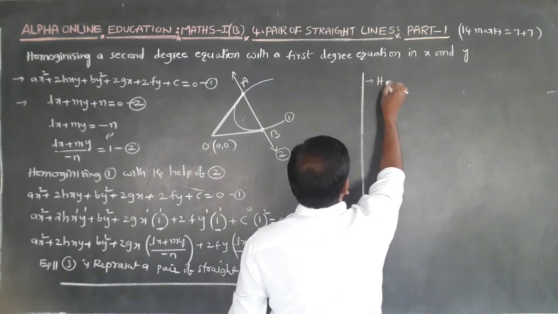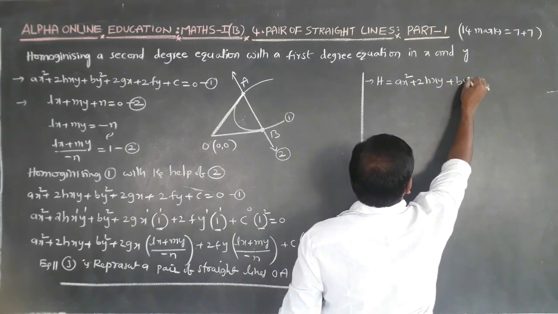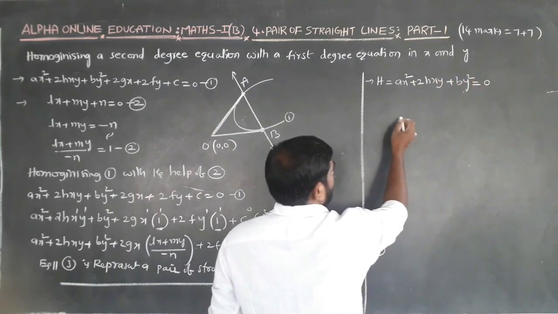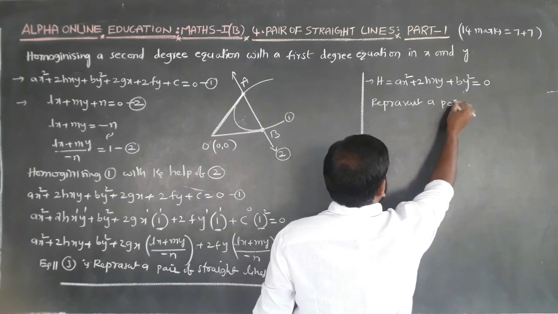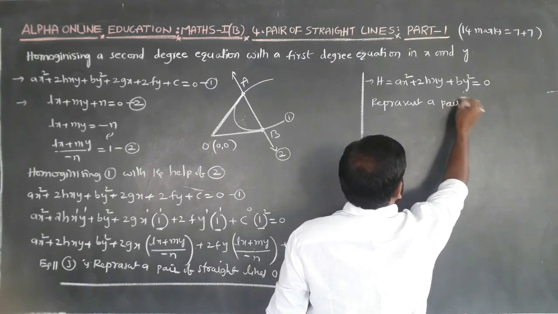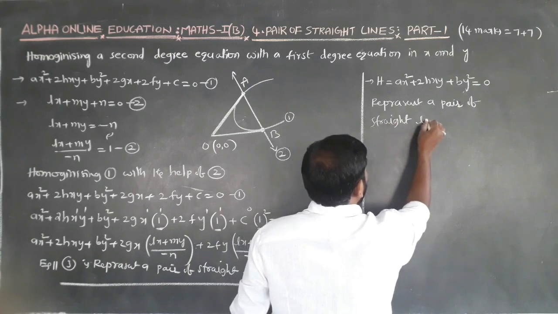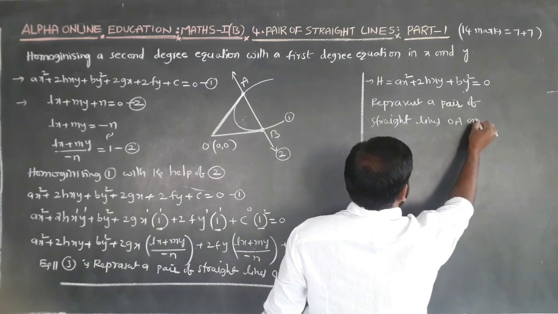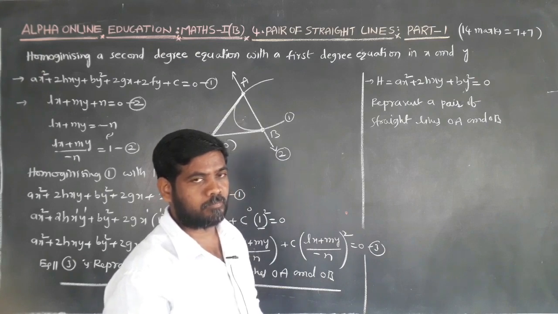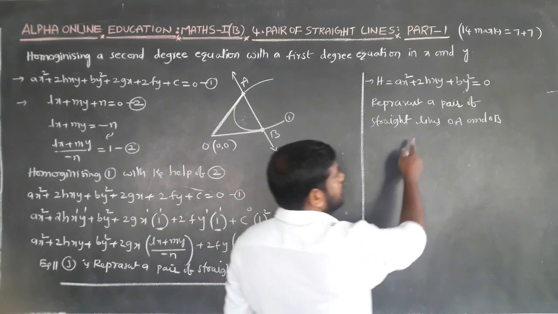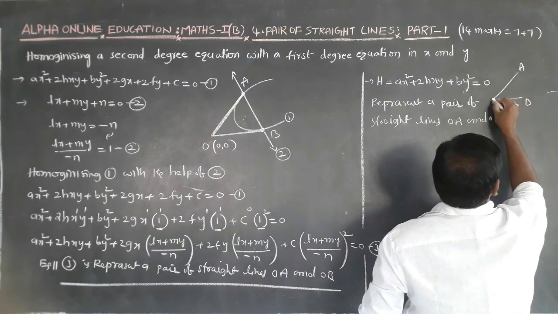Next one: ax square plus 2hxy plus by square is equal to 0 represents a pair of straight lines OA and OB.